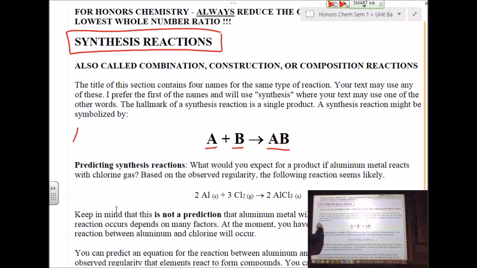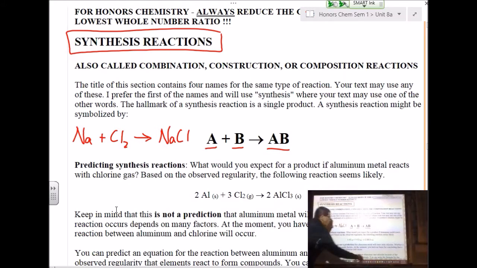So like if I take sodium and chlorine and put it together, what am I going to make? Yeah, sodium chloride. Now here's the kicker. Make sure that we're balancing, and these will all be ionic. Okay. So what's the charge on sodium? +1. Charge on chlorine? -1. Why did I put a 2 there?